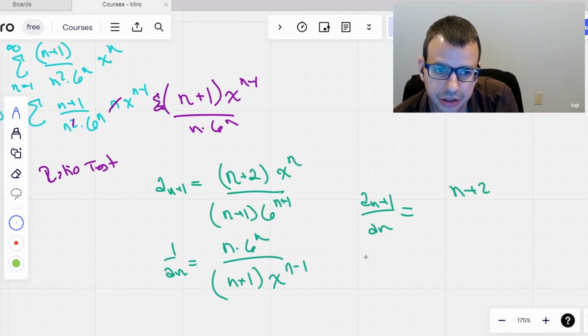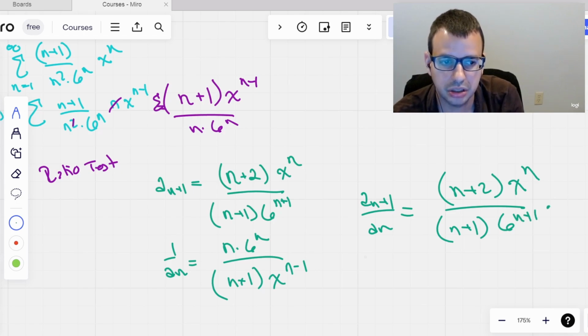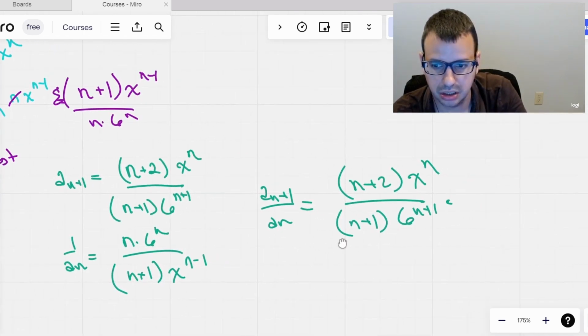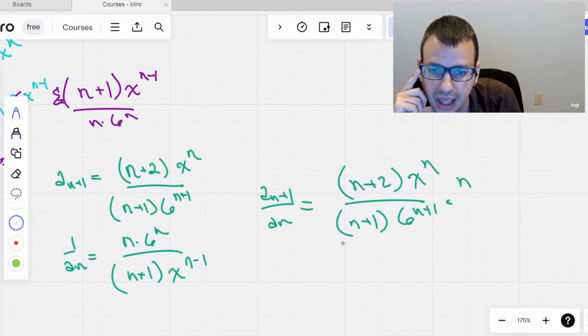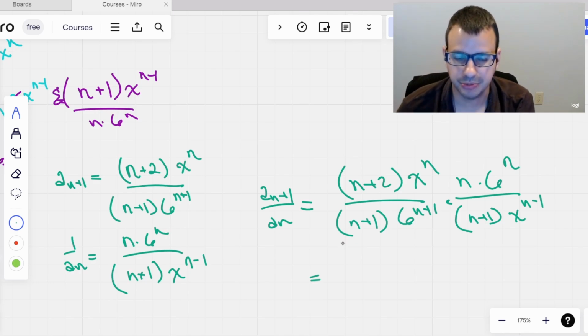So we have (n plus 2) x to the n all over (n plus 1) 6 to the n plus 1, times n 6 to the n all over (n plus 1) x to the n minus 1. Do some simplifying here.